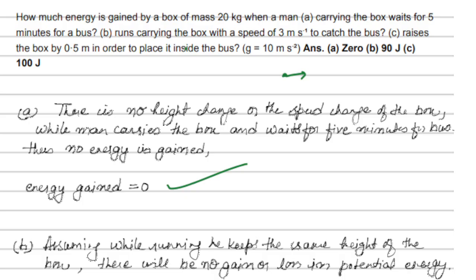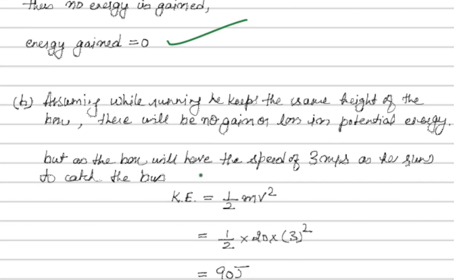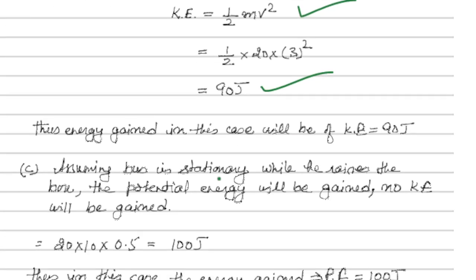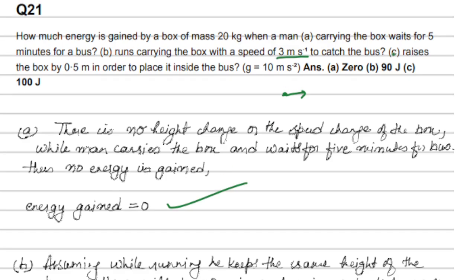What is the second part? He runs carrying the box with a speed of 3 meter per second to catch the bus. When he's running, the box will also have the same speed. So we can calculate the energy with the formula half mv square, and the answer will be 90 joules. The third part is he raises the box by 0.5 meter.